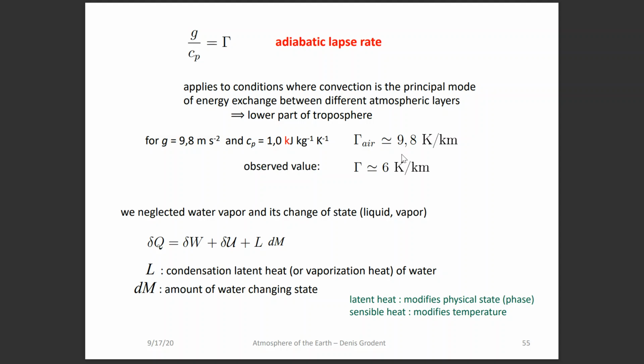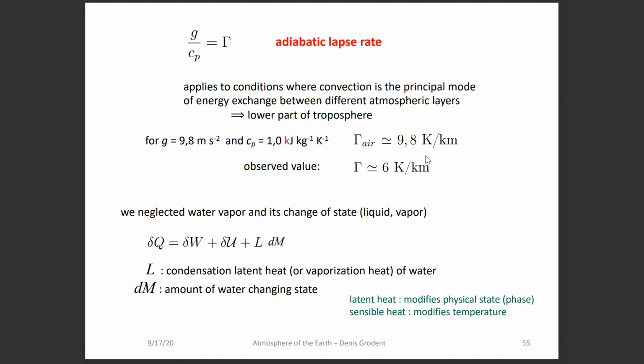However, what we observe is a lower value of 6 Kelvin per kilometer. So we have a 40% gap that can be explained by the fact that we neglected the water vapor and its change of state.